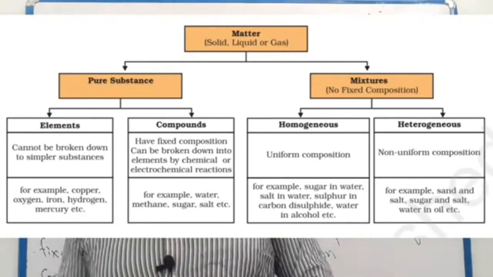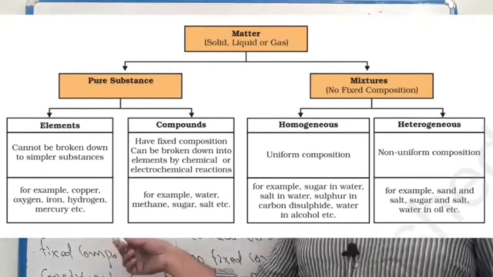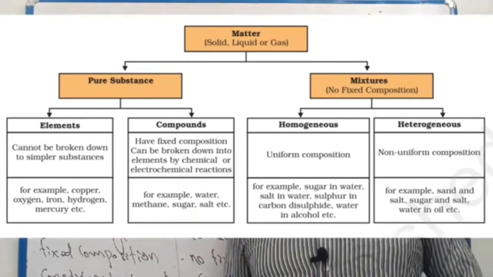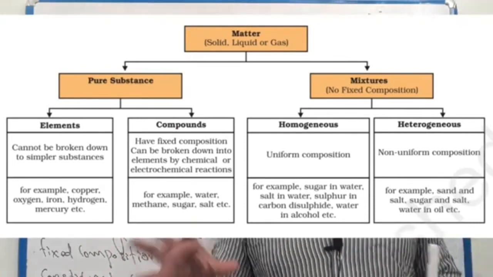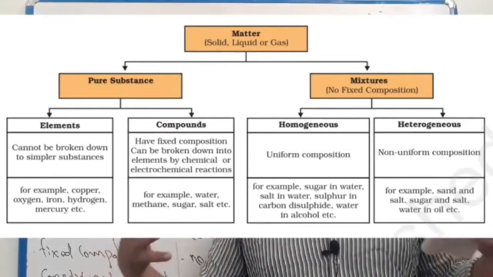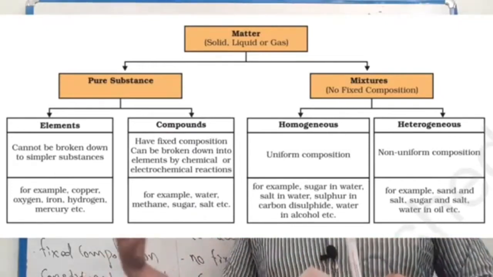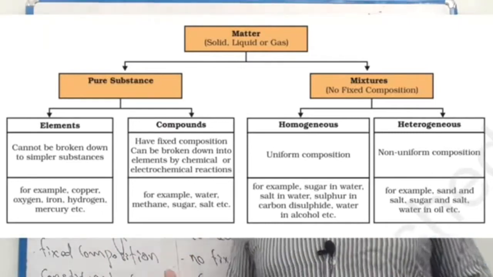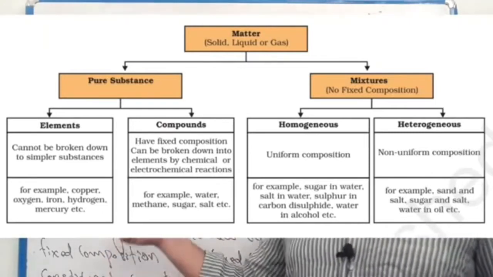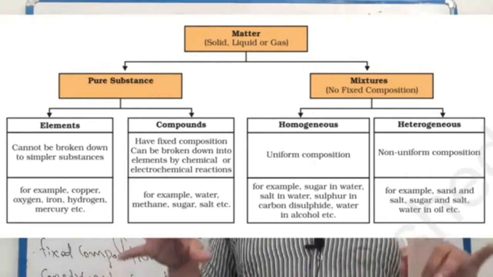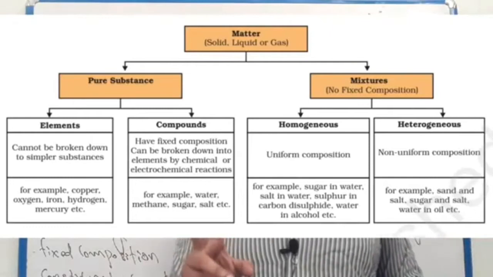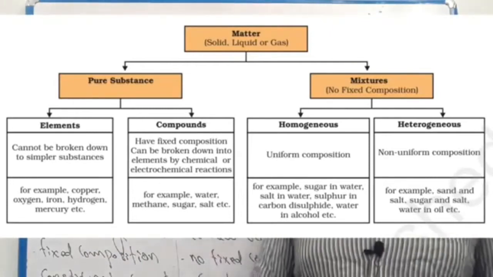I told you about compounds and mixtures. Compounds are pure substances, which contain two or more different elements chemically joined together. Compounds are formed by chemical reaction. For example, H2O, 2 hydrogen and 1 oxygen.